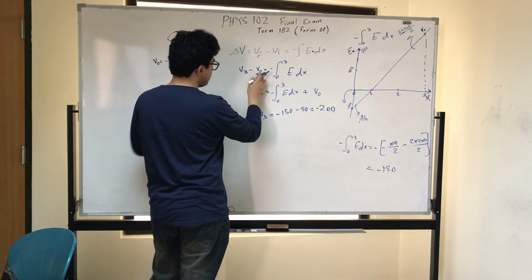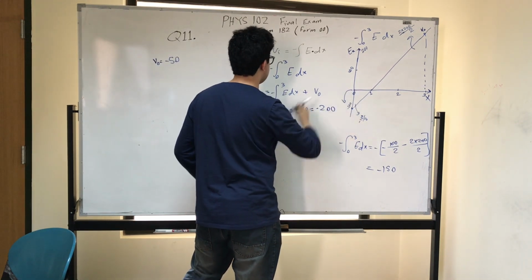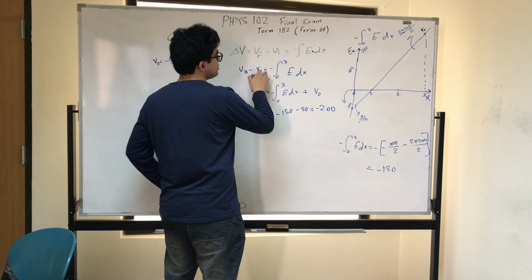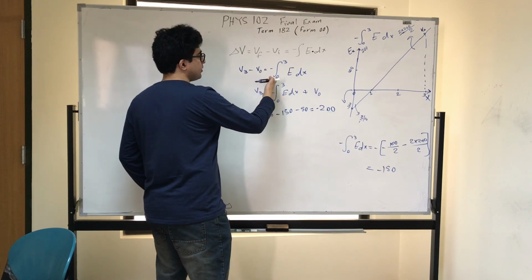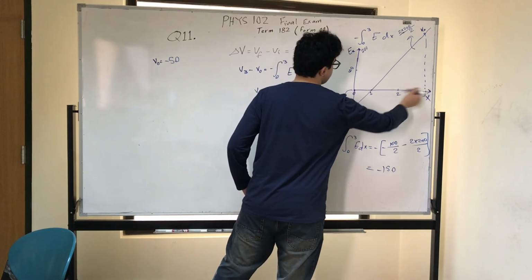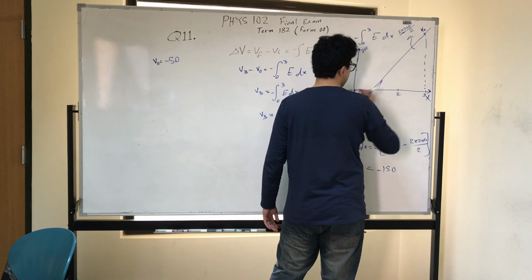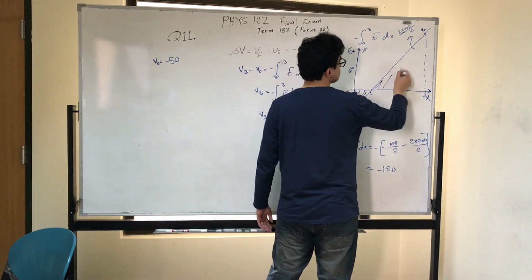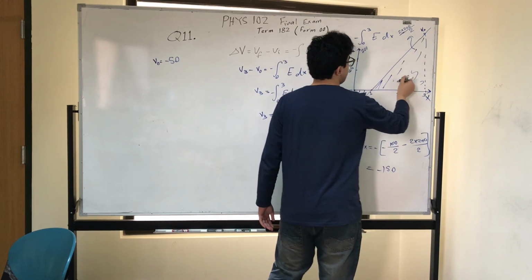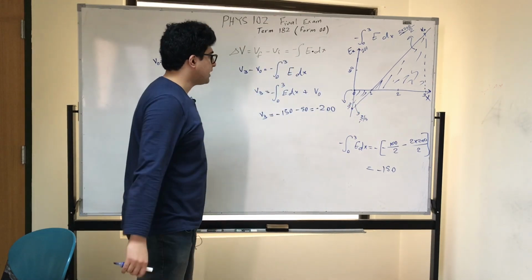So V3 minus V naught, where V naught is minus 100 given in the problem, is equal to negative the integral from 0 to 3, from this point to this point, which means the area of this triangle minus the area of this triangle plus the area of this triangle. Since the triangle is underneath the x-axis, we take the area as negative.